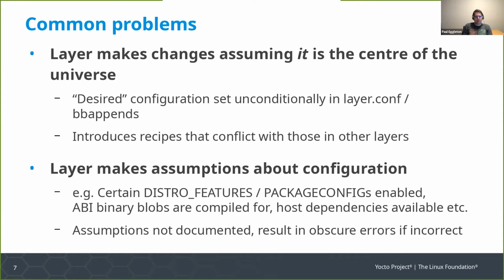So the desired configuration might be set unconditionally in layer.conf or in bbappends. It might introduce recipes that conflict with the same named recipe in other layers. Maybe it's a newer version, or perhaps even an older version, or it just has a different configuration.